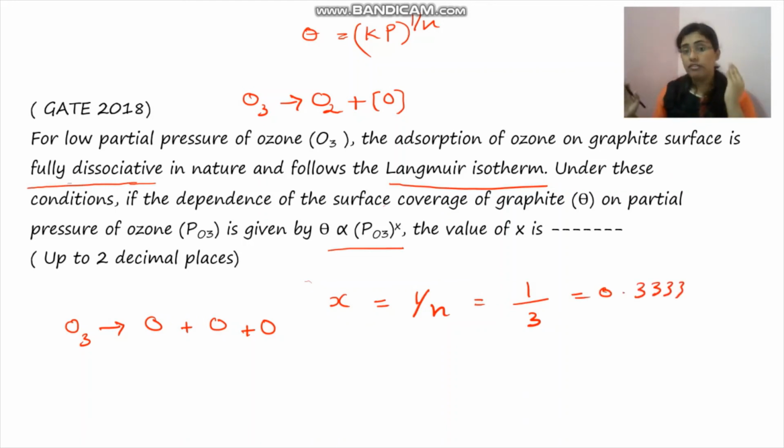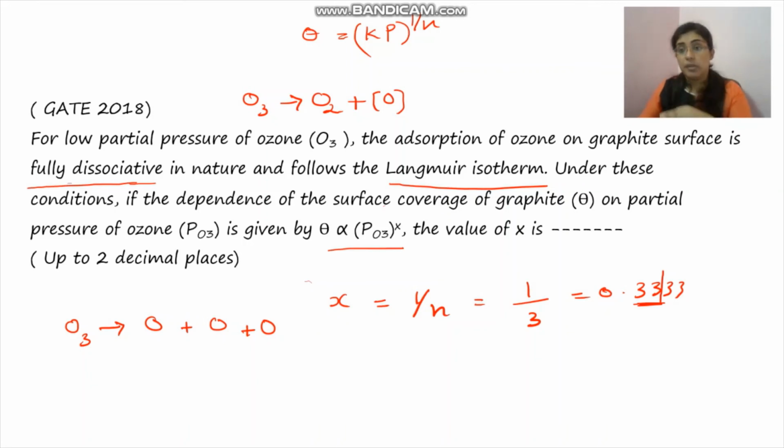Now we have to round off to 2 decimal places. I've given a video on how you can round off answers, you can check my channel for that video. I consider the first 2 decimal places and keep them fixed. Now I look at the third decimal place.